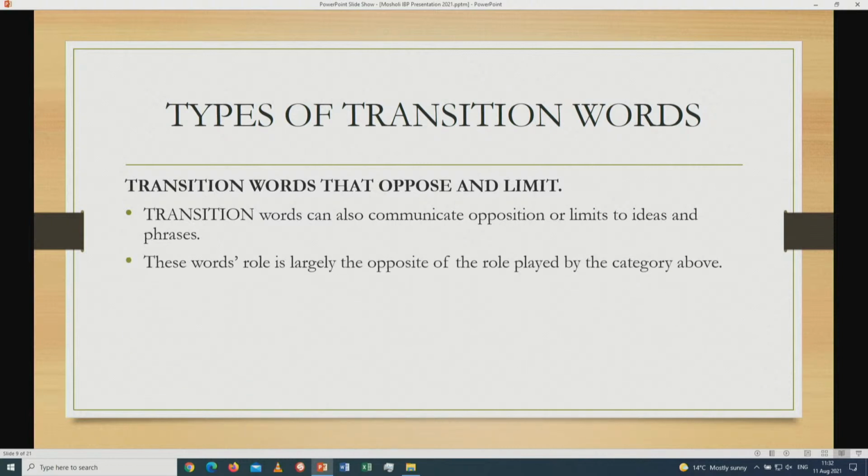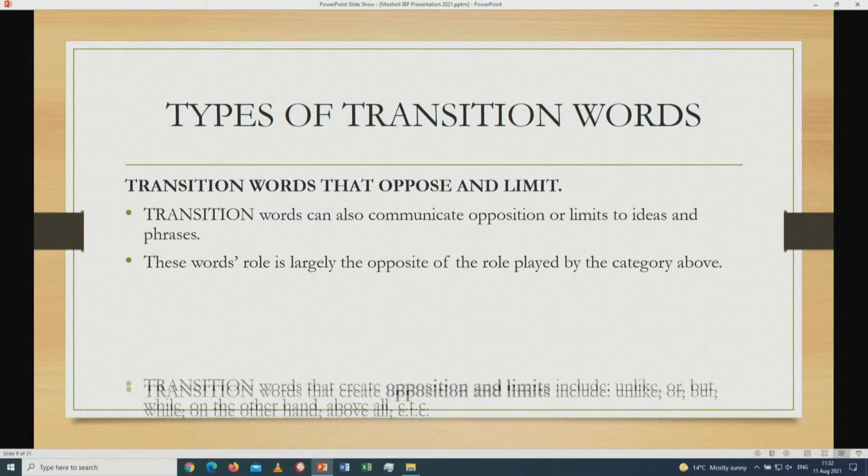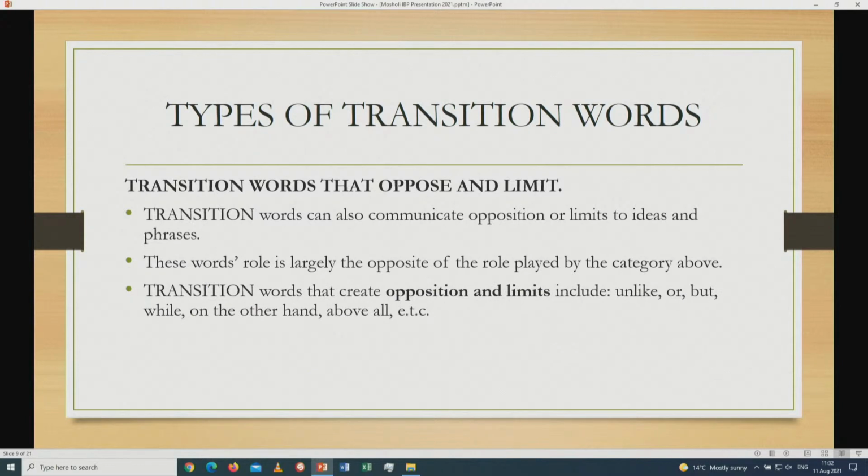This role is largely the opposite of the role played by the category above. Transition words that create opposition and limits include unlike, or, but, while, on the other hand, above all, etc.